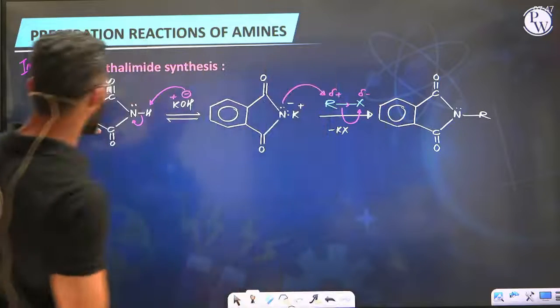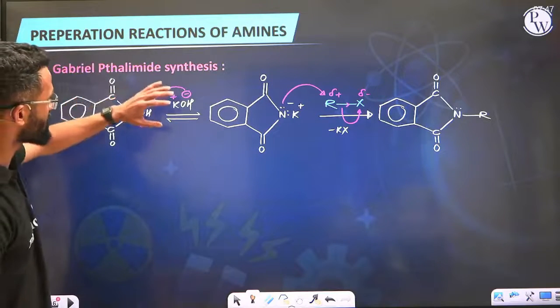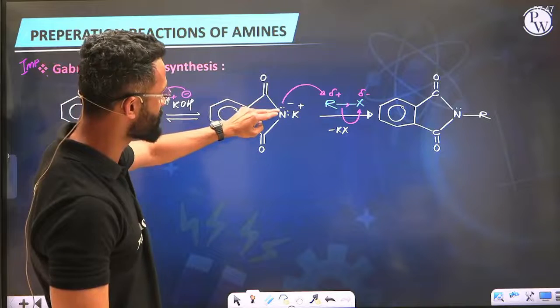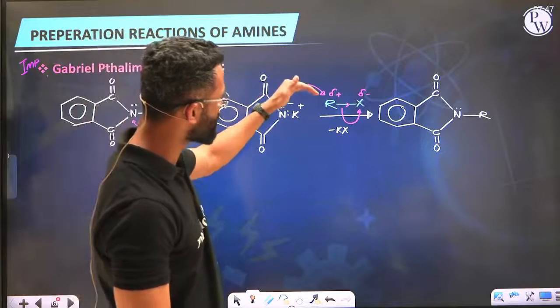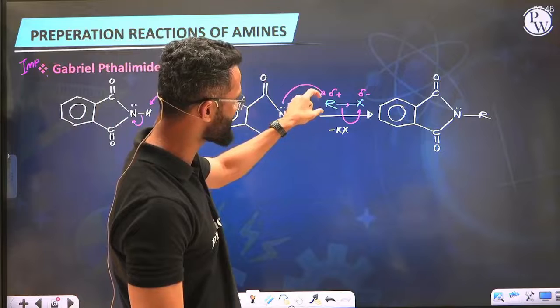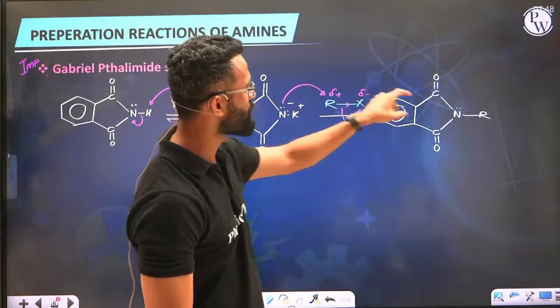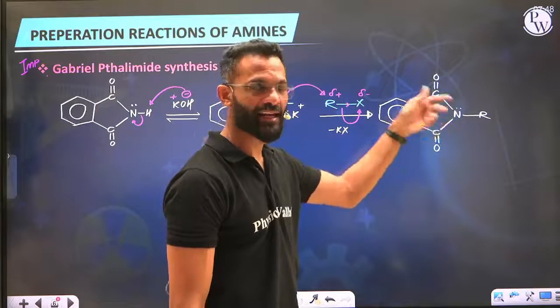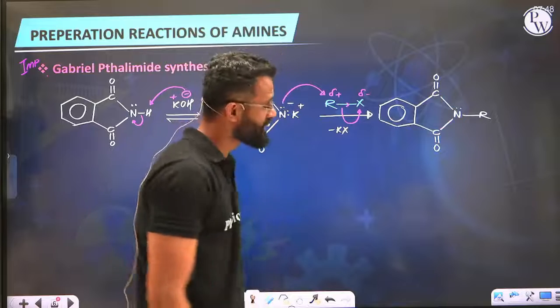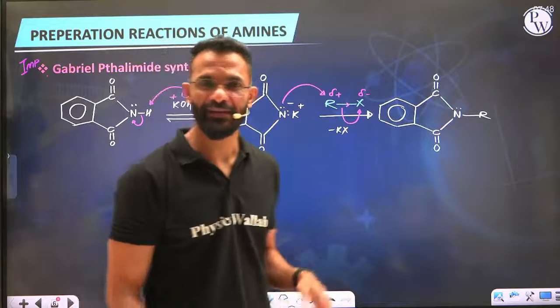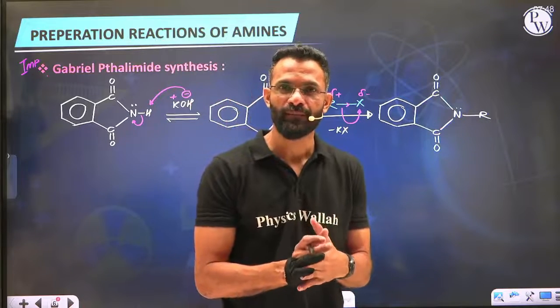So we had phthalimide; with base, it gave the salt of phthalimide, which is nucleophilic in nature, hence it underwent a nucleophilic substitution reaction with a less sterically hindered alkyl halide to give N-alkyl phthalimide. This is N-alkyl phthalimide.